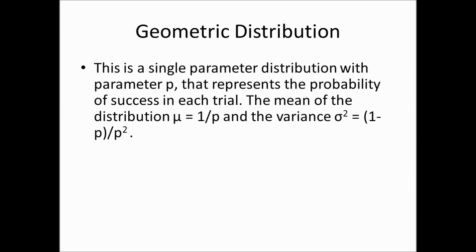As you can see, this is a single parameter distribution defined by small p, which represents the probability of success in each trial. The mean of the distribution is given by 1 over p, and the variance is given by (1 minus p) divided by p squared. So once you define p, the distribution is completely defined. We can define the probability mass function, and estimate the mean and the variance of the distribution.